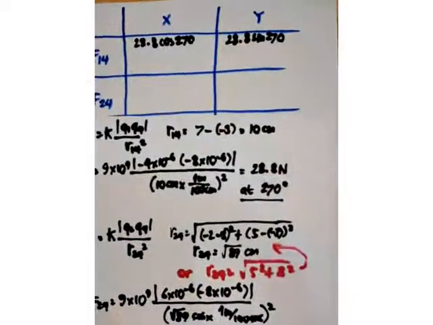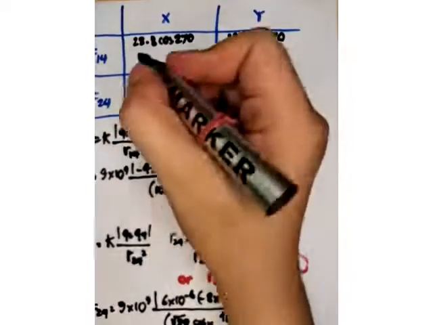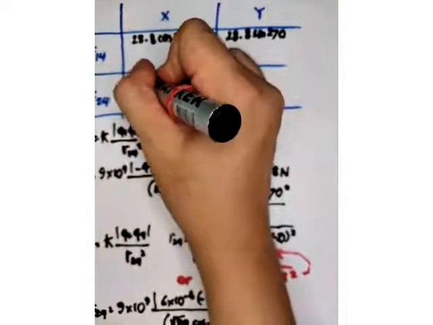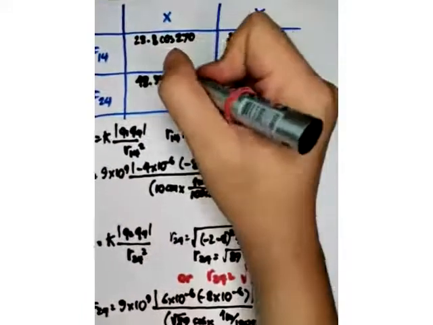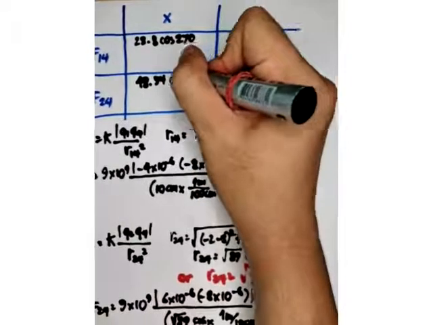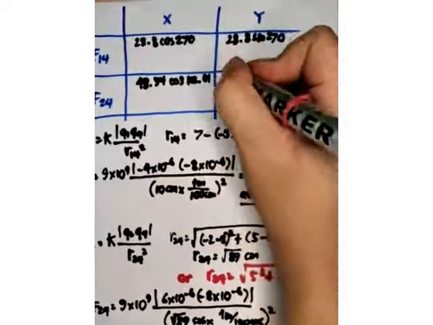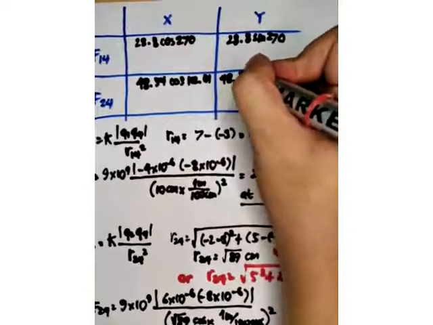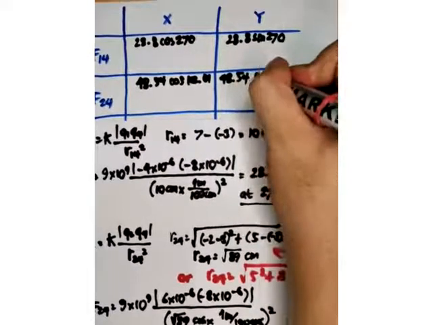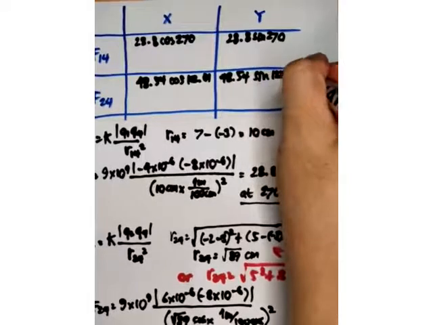Force 2. Okay, force 2 natin is 48.54 cosine 122.01 and then 48.54 sine 122.01.